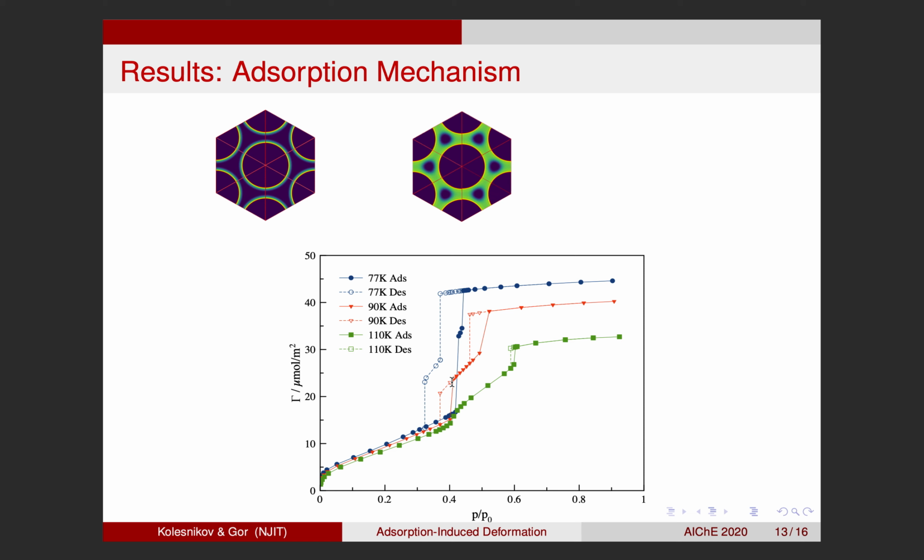The pores are not entirely filled, but liquid bridges, these green density plots you see, form between the adjacent rods, and then the bridges become thicker, and then at even higher pressure here, the second capillary condensation takes place. Now the pore is completely filled with capillary condensate.